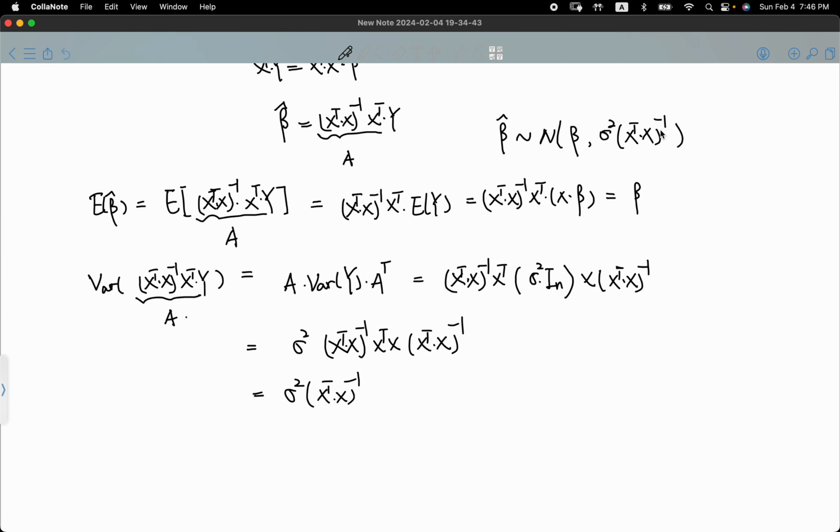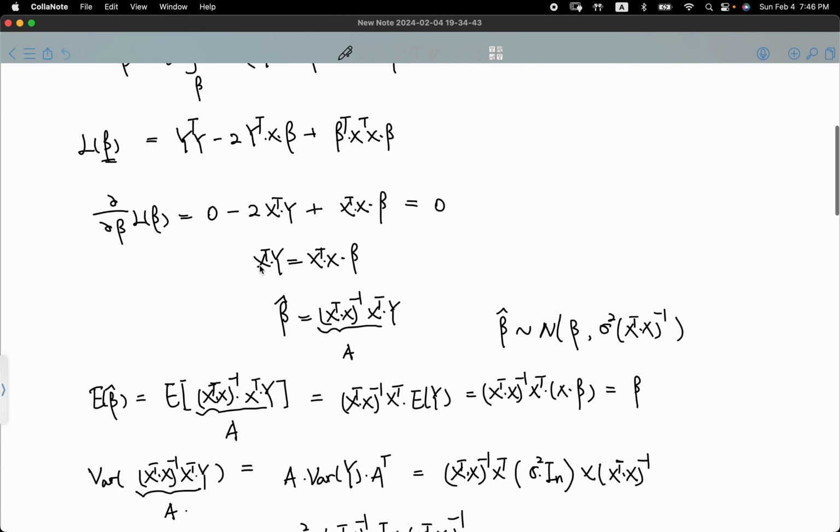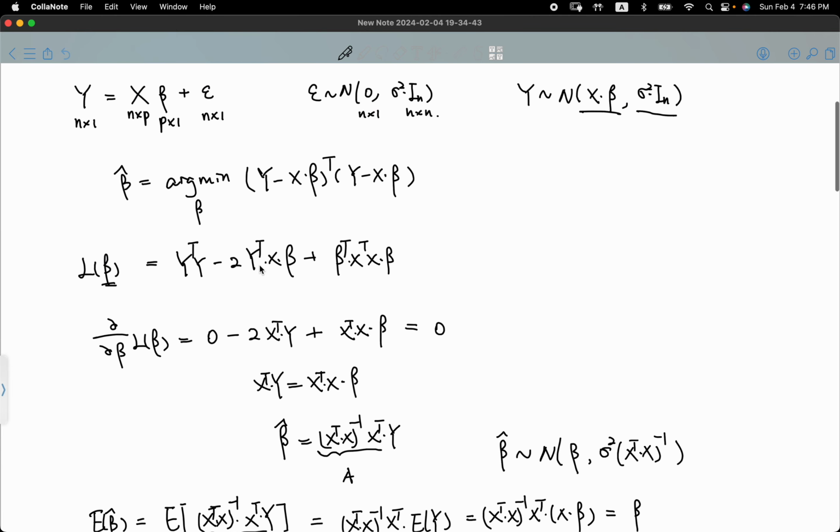Okay, so now we are going to look at this problem from another perspective. We are going to circle back to here. Here we solved the beta coefficient estimation by minimizing the sum of squared residuals. From this perspective, we get the solution for beta hat here.